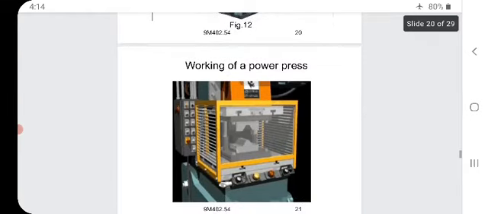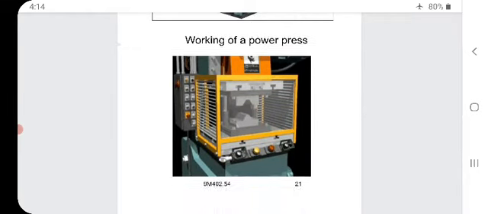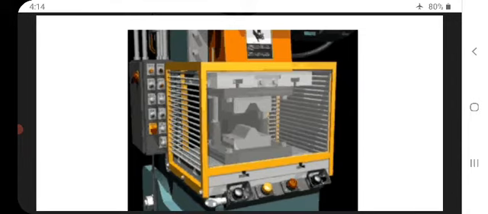I am zooming in. You are seeing a V-type coupling, one male and the other female. We are applying the force from the vertical direction, and the bottom one is fixed. The top one is movable.